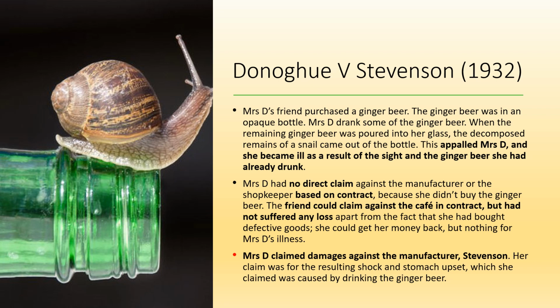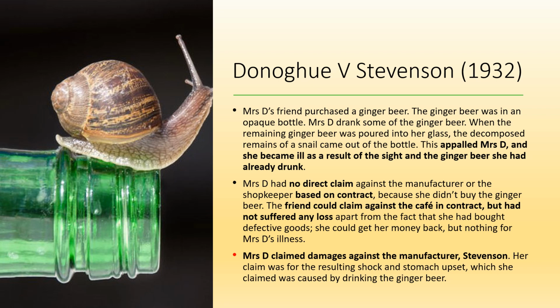Now, Mrs. Donoghue drank some of the ginger beer. When the remaining ginger beer was poured into a glass, the decomposed remains of a snail came out of the bottle. This appalled Mrs. Donoghue, and she became ill as a result of the negligence and the sight of the snail in the ginger beer. And of course, with the ginger beer she'd already drunk, she suffered from gastroenteritis as well as shock.